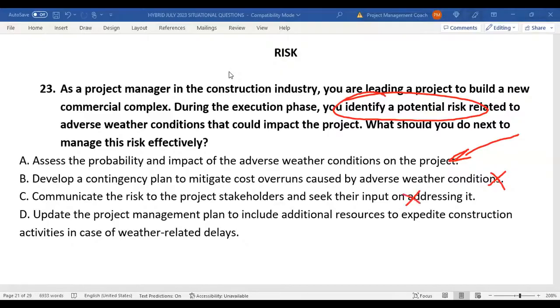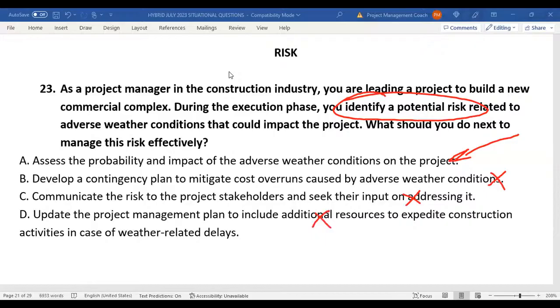And then update the project management plan is something that would follow after approval, after agreement, but it's not what you would do first. And it says to include additional resources to expedite construction activities in case of weather-related delays. That is presumptuous.